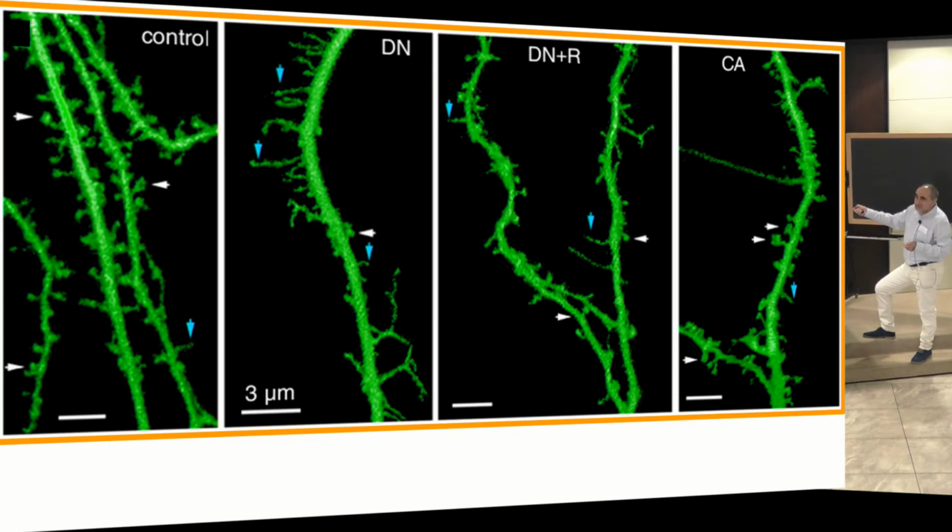Constitutively active has a very interesting view, because besides normal mushroom spines, it has a lot of small spines, like it tries to initiate more and more and more.